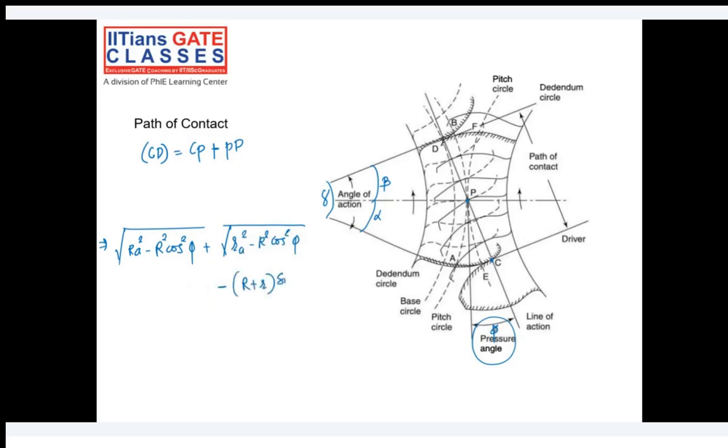What is this Ra? What is this capital R and small r? Small r is for the pinion. Correct it here. The small letters are for pinion and capital letters are for wheel or gear, you can say.